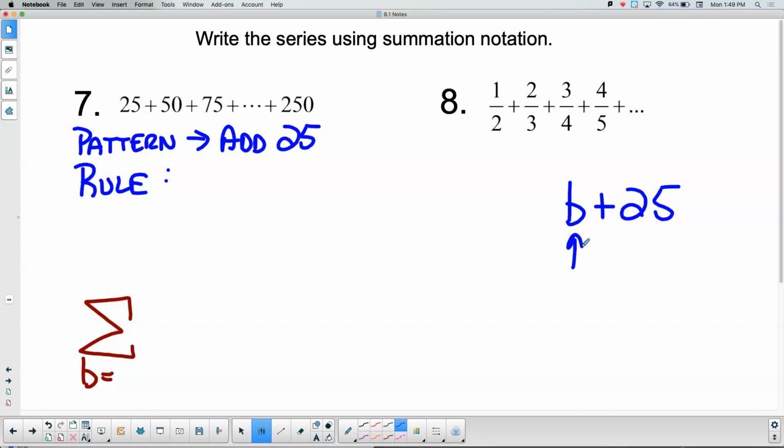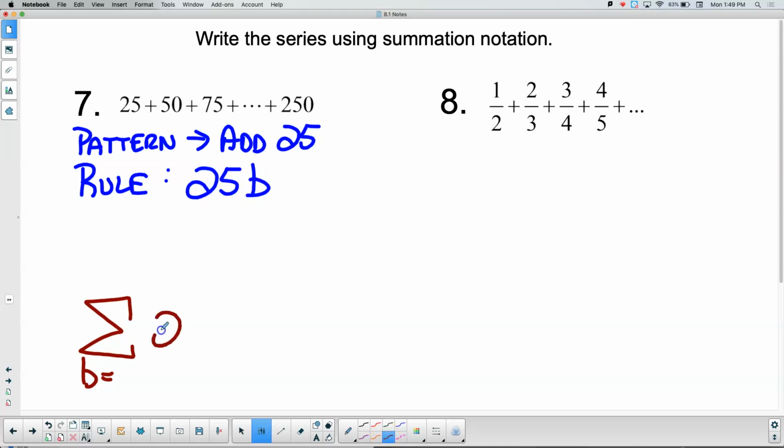25 times B? Do we agree with 25 times B? If my rule is 25B, what's the number that I start with?